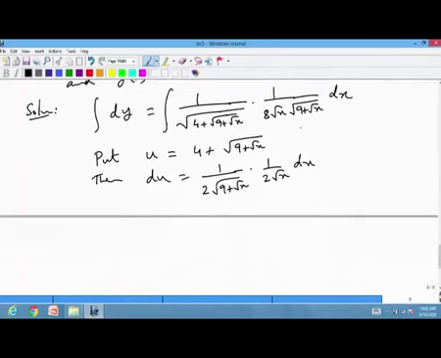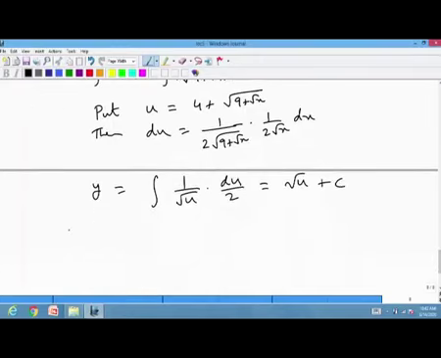So, now integrating this we get y is equal to integral of 1 by square root of u times du by 2, and this is equal to square root of u plus c. So, y is equal to, putting again u equal to this, we get 4 plus square root of 9 plus root x plus c.